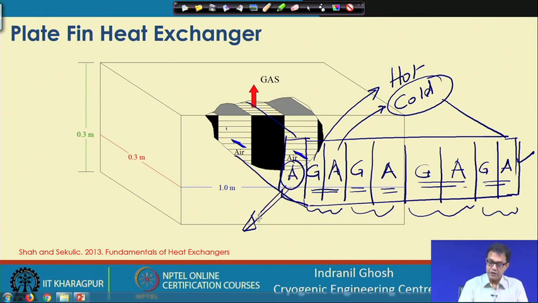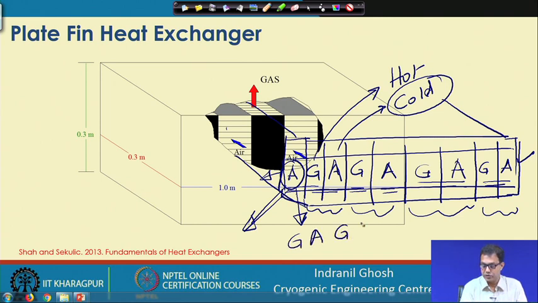We intend to keep a kind of symmetry for this entire heat exchanger, and we will talk about the requirement of this symmetry in the context of the plate fin type heat exchanger later on. For the time being, we assume that we keep an air stream at the end. Why not put G there?